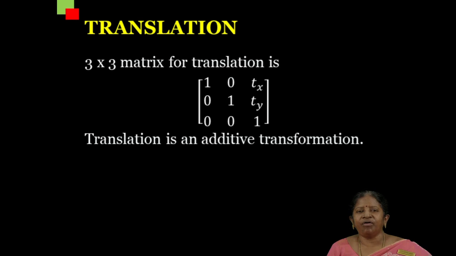So, when we form a composite of the translation matrix, rotation matrix and scaling matrix, if you want to apply all the 3 transformations to a single object, then we can combine all the 3 transformations into a single 3 by 3 matrix. For that, we are using homogeneous coordinates and the translation matrix in the 3 by 3 form like this.